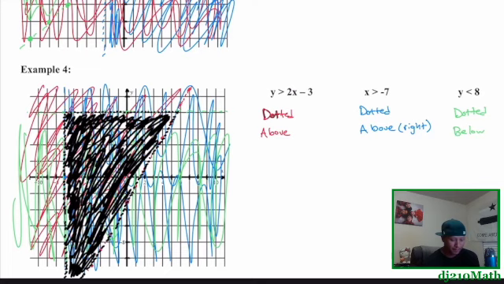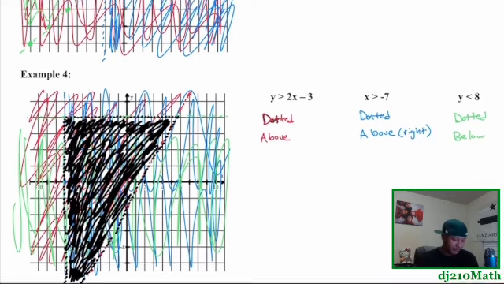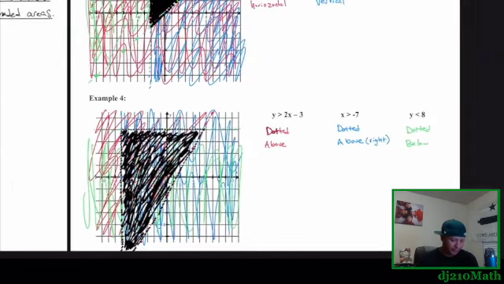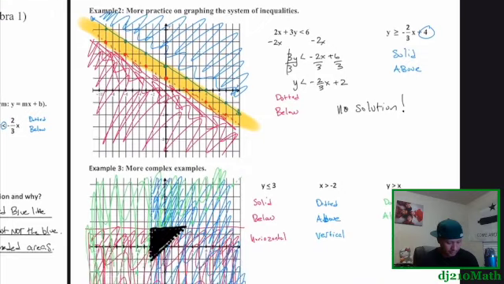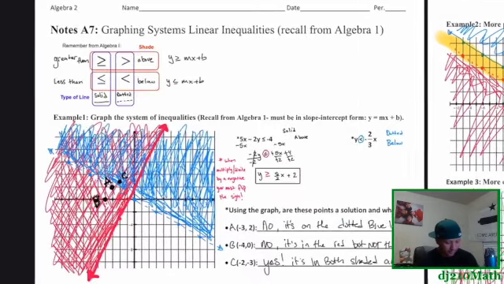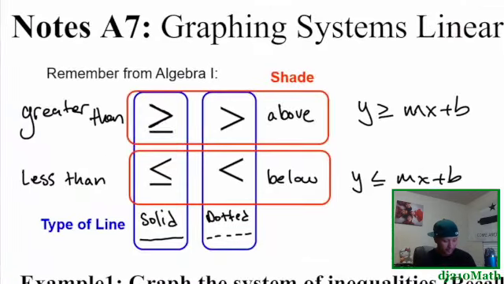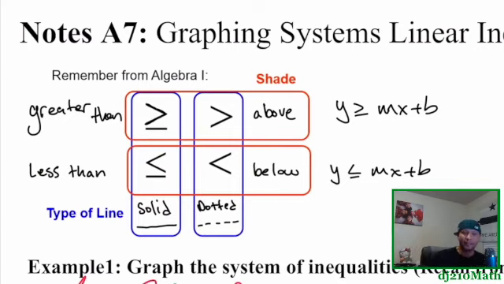And you just have to be able to graph a line. Right? Technically, what we're doing is you're graphing multiple lines, and then the line is either dotted or solid, and then you're shading on one side of the line, either above or below.